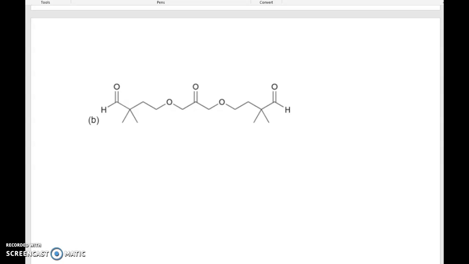Okay, so how about this one? Well, we're lucky that this molecule is very symmetric, and so we don't have that many different proton signals to look at. The first is the green one, and it is going to be at 10 parts per million.